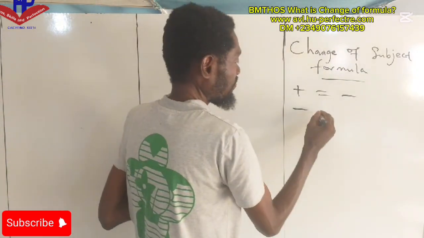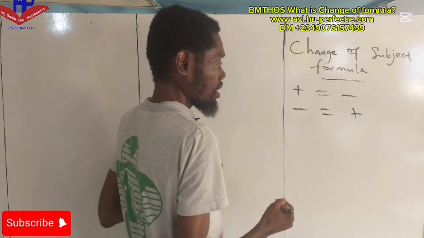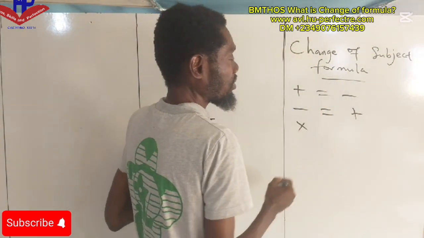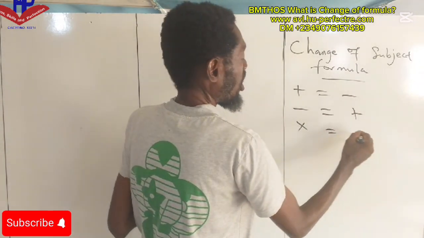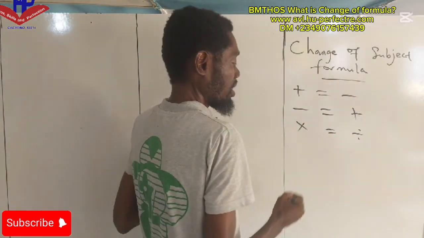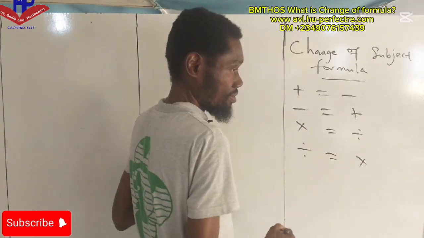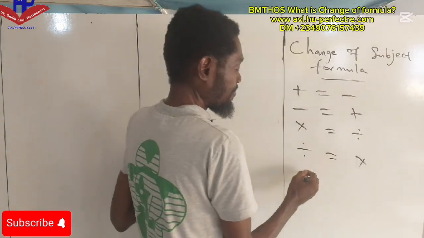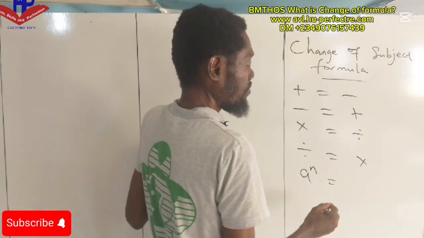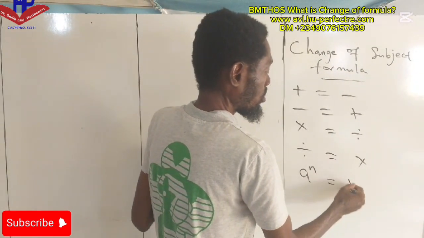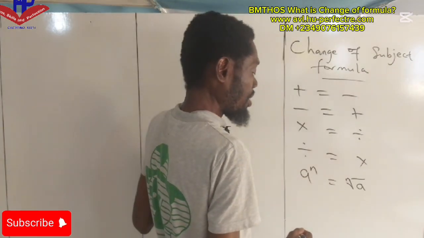If it is negative and is leaving, it becomes positive. If a variable is multiplied by a number, it becomes division. If it is division, it becomes times. If it is a power, it becomes the nth root of the other side.